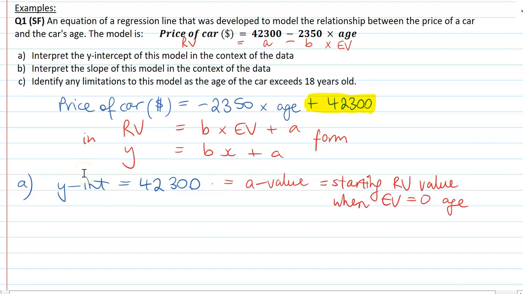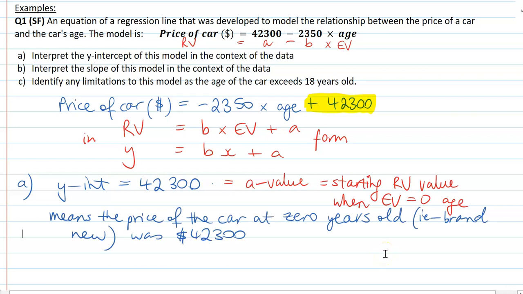So knowing that that's our A value, we associate that with our starting response variable value when our explanatory value is 0. So in other words, when the car was 0 years old, the price of the car brand new we're predicting is $42,300. So you would just state something like this.